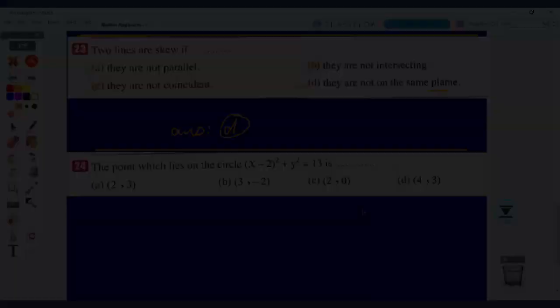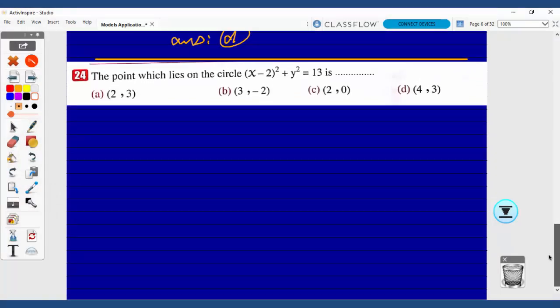Next question here. The point which lies on the circle x minus 2 all square plus y square equals 13 is. Here we must substitute every point, substituting by the x coordinate and y coordinate. In the first case, x equals 2 and y equals 3.